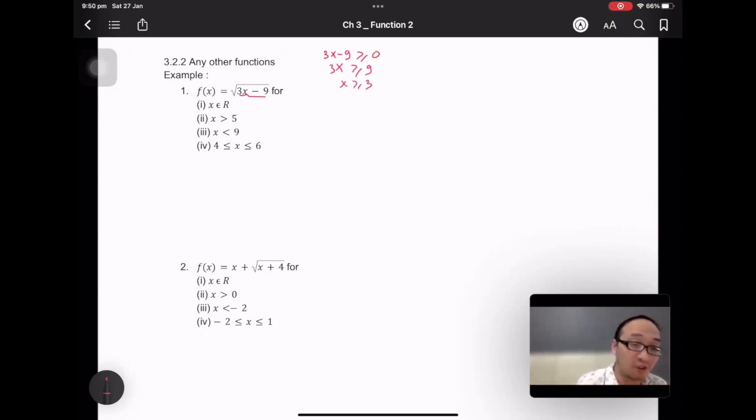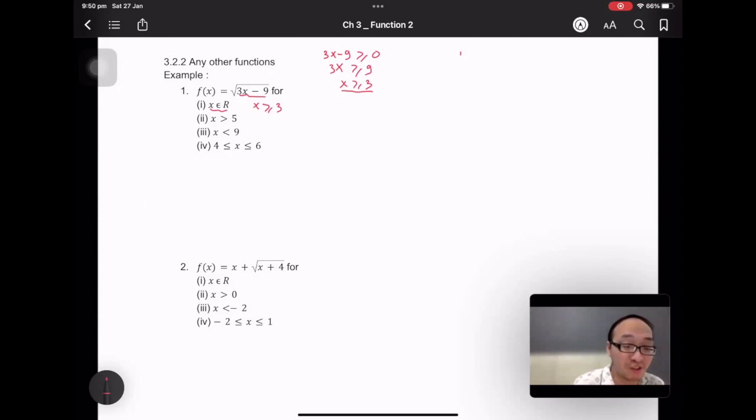So for this function, x cannot be an element of the real numbers because we have to ignore the negative values up to 2. The x should start from 3 and beyond. So the domain will be x greater than or equal to 3.